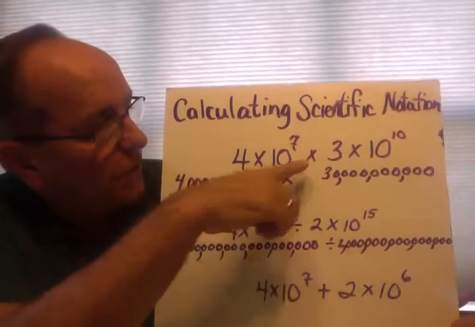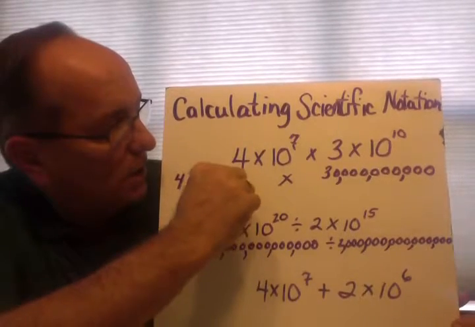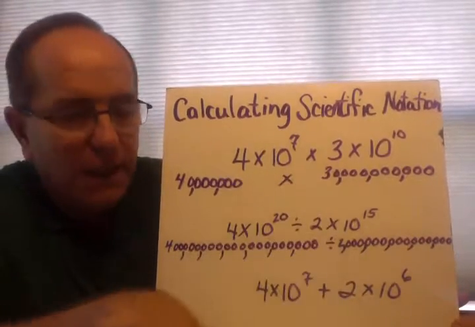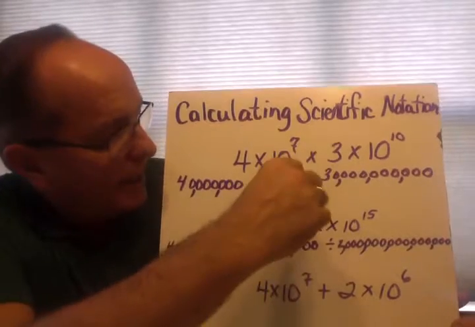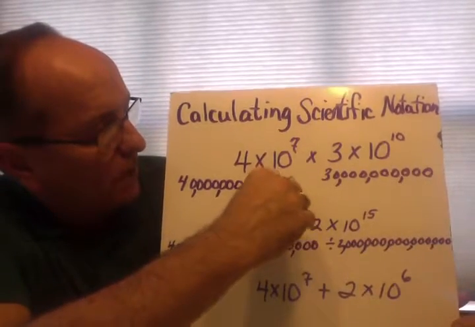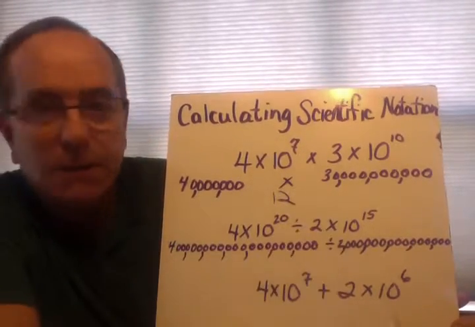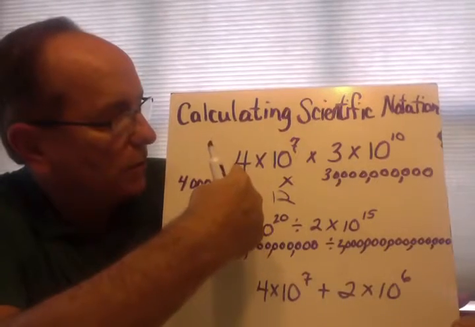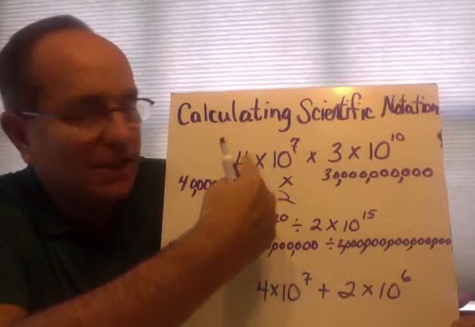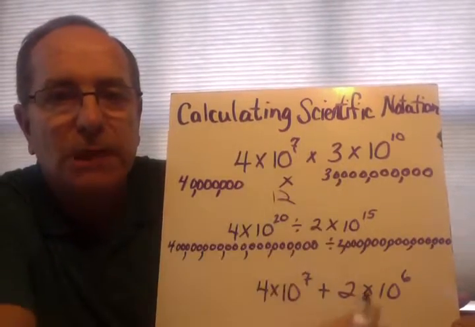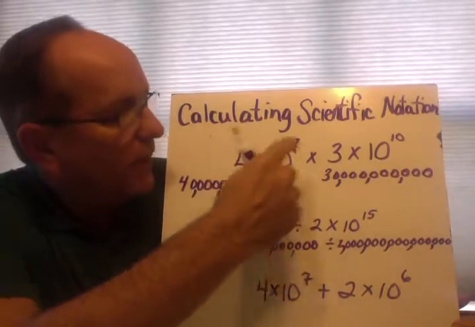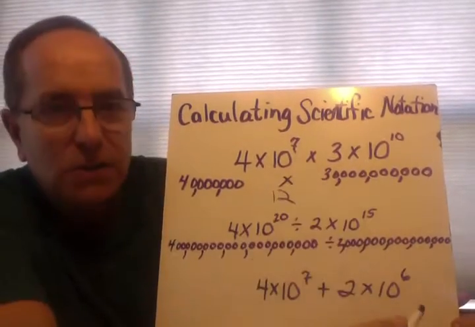But this is very simple because all I do is take the digits 4 and 3 and multiply them, and I end up getting 12. I just did those numbers. If they were decimal numbers, I would still just multiply them in the calculator if I need to. In this case it's 12.